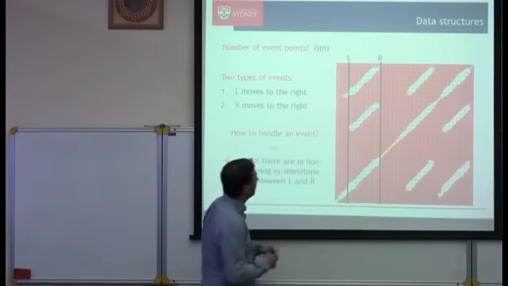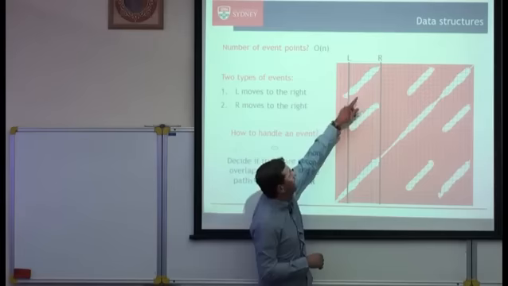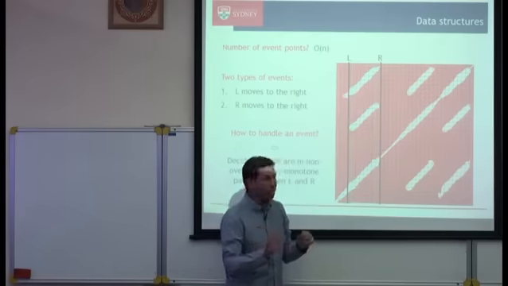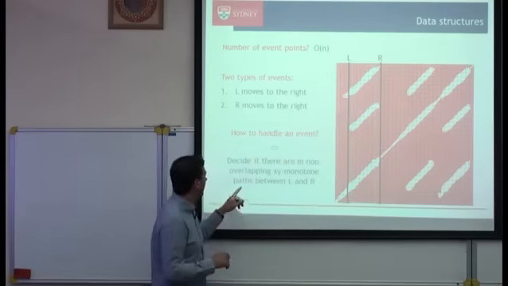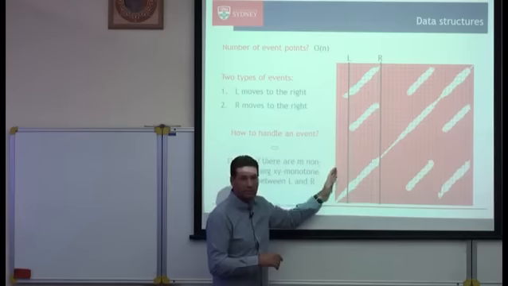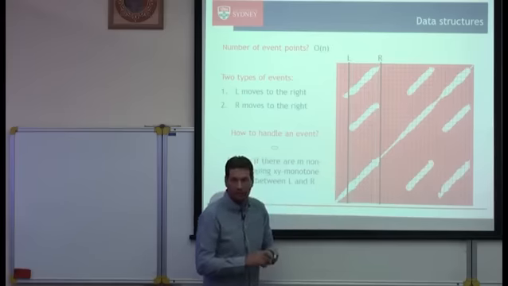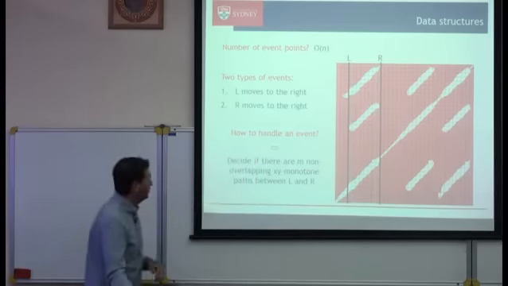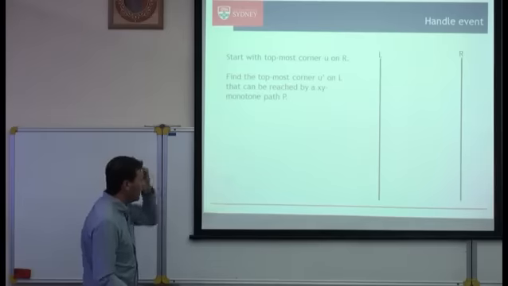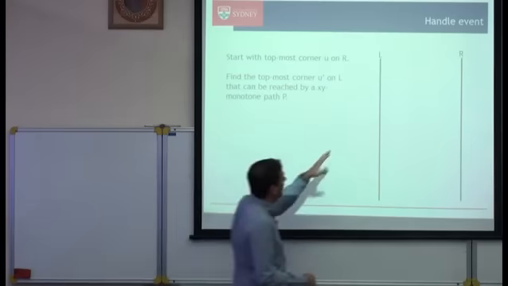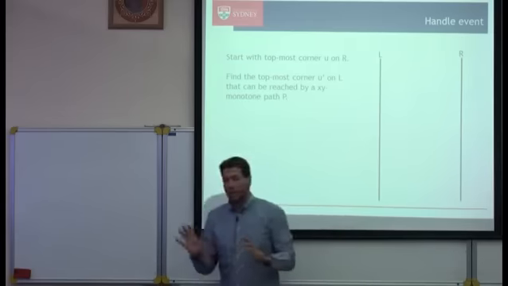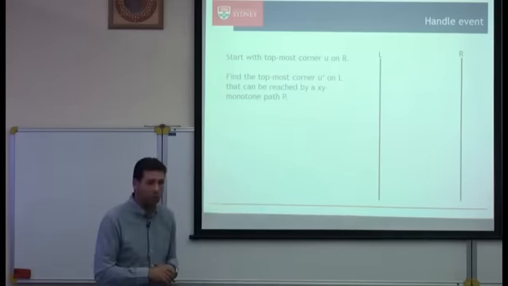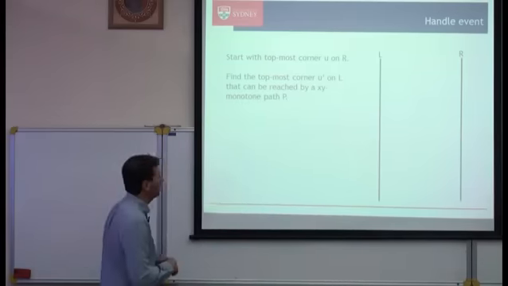So they have to be non-overlapping along the y-axis between L and R. So let's look at L and R and assume that I have my network for the critical points.